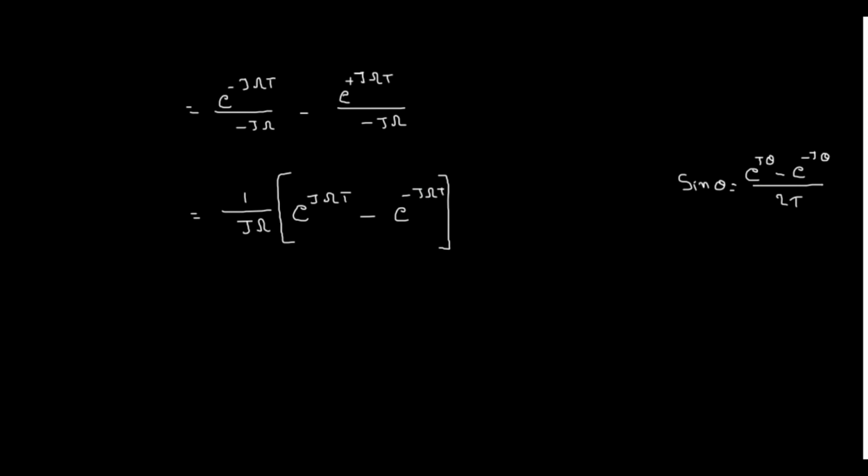It is very similar. So we can write 1 by j omega times e power j omega T minus e power minus j omega T by 2j. I am dividing by 2j, so I am also multiplying by 2j.